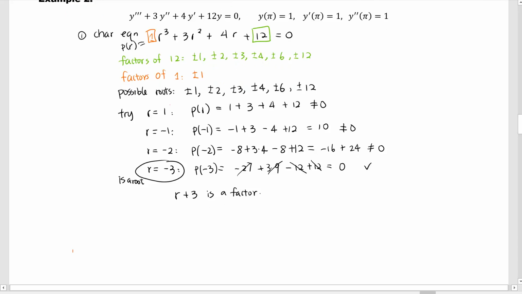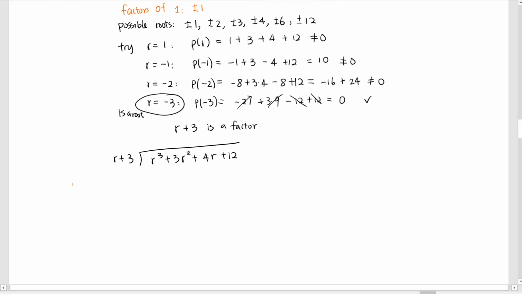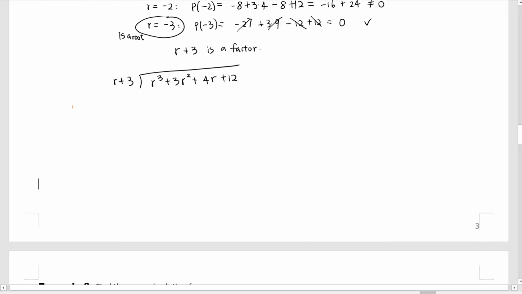Okay, so after we get one root, it's okay. We can use long division, right? We can stop the process of the rational roots. Okay, and so we have our polynomial r cubed plus 3r squared plus 4r plus 12. We use it to divide by r plus 3. Alright, let's see here.